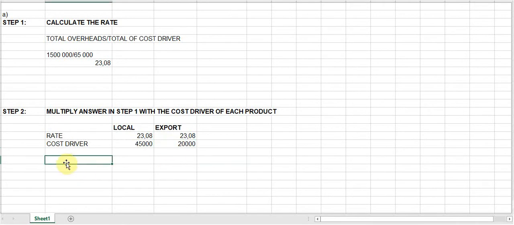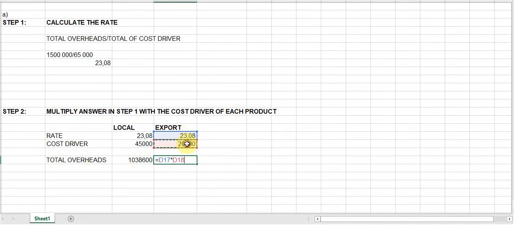Then I just need to multiply to get to the total overheads to be allocated. I take the 23 Rand 8 cents rate and multiply it by the cost driver of that product. And there you go.